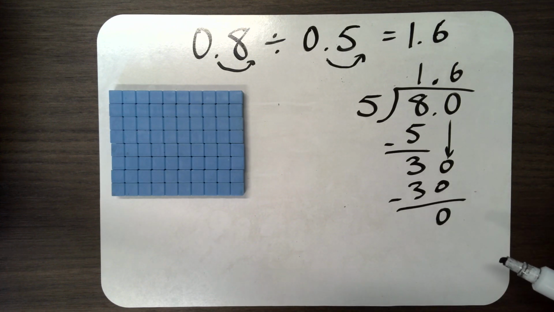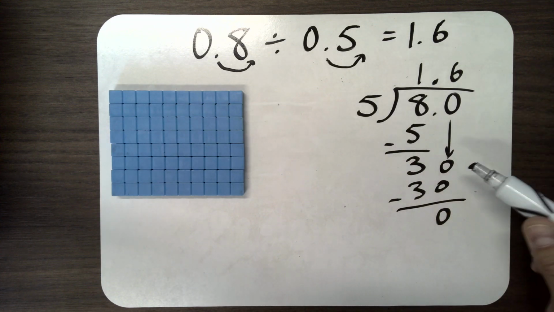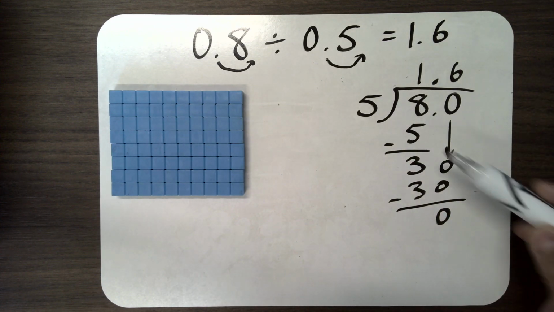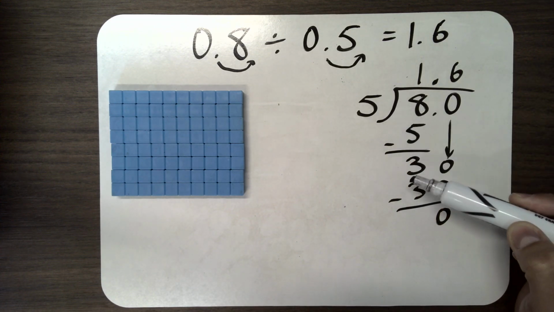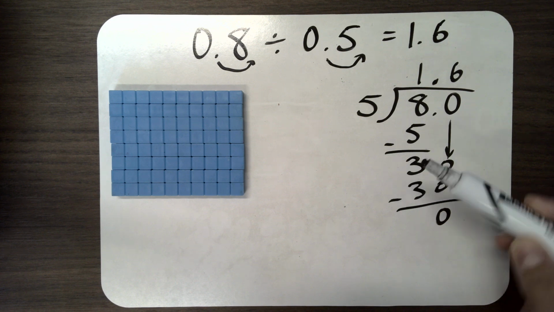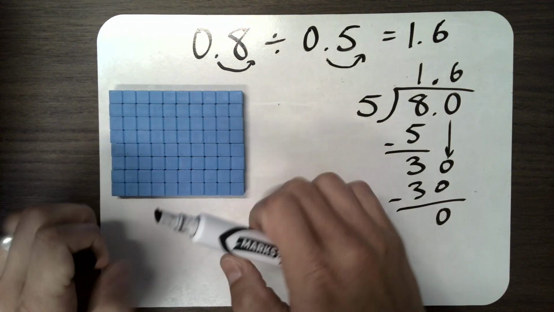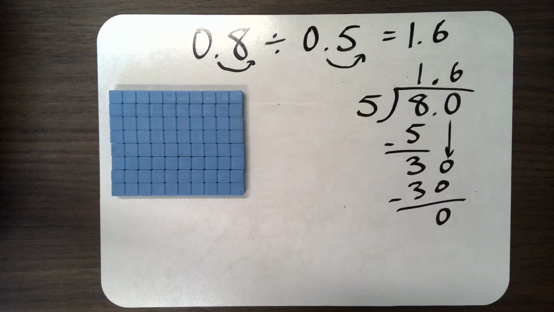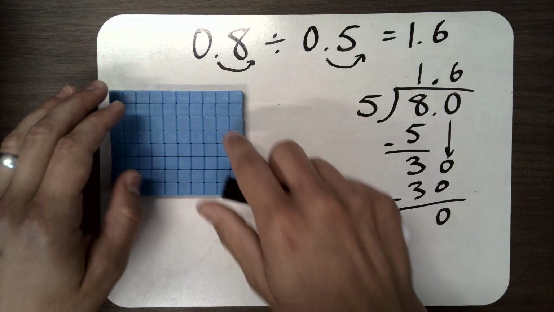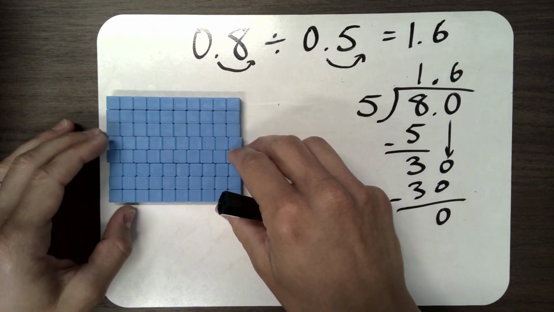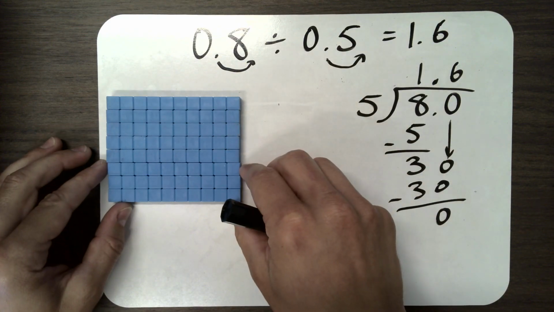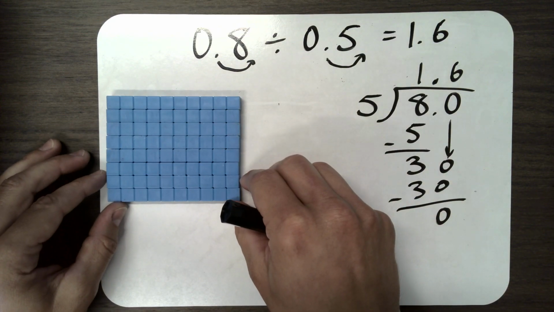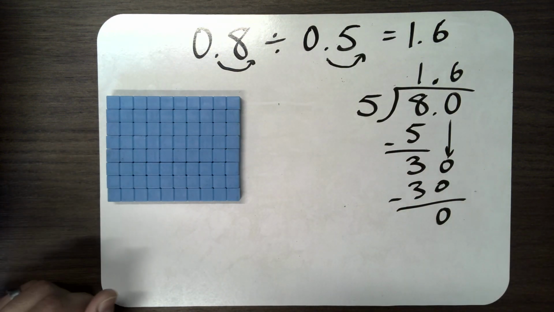Okay, so why we're able to just use this whole number division algorithm relates to changing what we're viewing as our whole in the model. I'll show this first using this idea of tenths, and then show the switch that we can have in thinking of this as wholes instead of tenths.